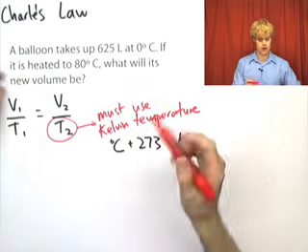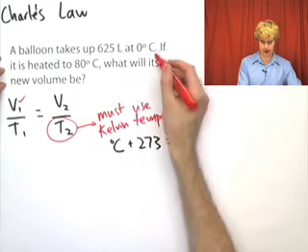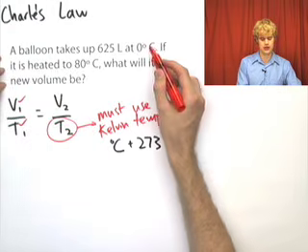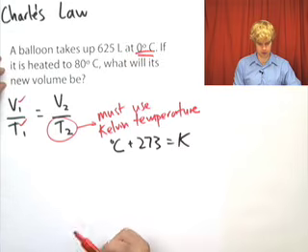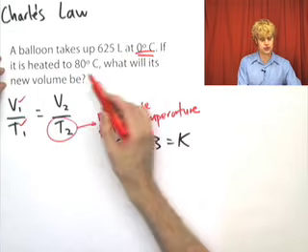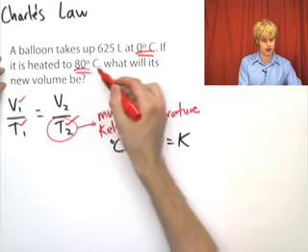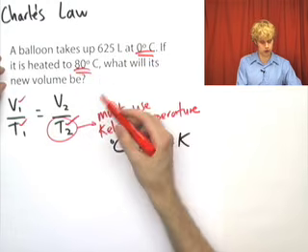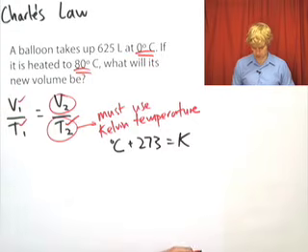So before, our volume is 625 liters, and our temperature is 0 degrees Celsius. But remember, we're going to have to change this to Kelvin before we can use it in the equation. If it's heated to 80 degrees Celsius, so we know what the new temperature is, but remember, we have to change this to Kelvin. What will its new volume be? So V2 is what we're trying to solve for.